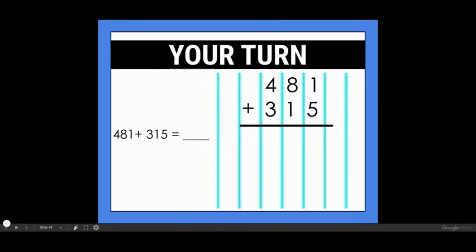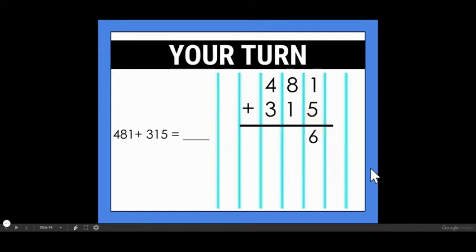All right, let's start right to left. So we're going to start on the right side in the ones. Go ahead and add your ones together. Write your sum. Did you get 6 ones? All right, next one.